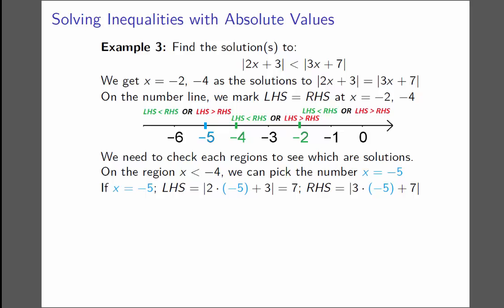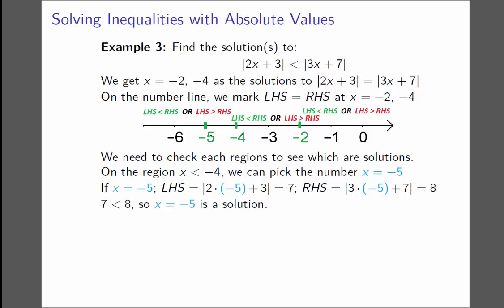On the right-hand side, we have the absolute value of 3 times -5 plus 7, which is the absolute value of -15 plus 7, or the absolute value of 8, which is 8. So we found that the left-hand side is 7 and the right-hand side is 8 when x equals -5. Since 7 is less than 8, x equals -5 is a solution.